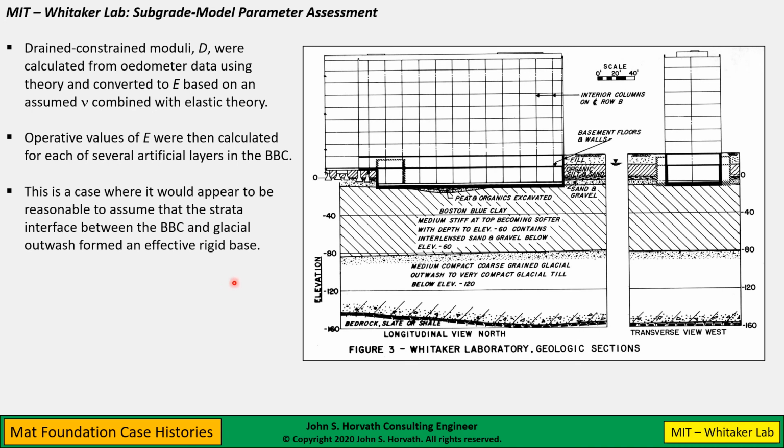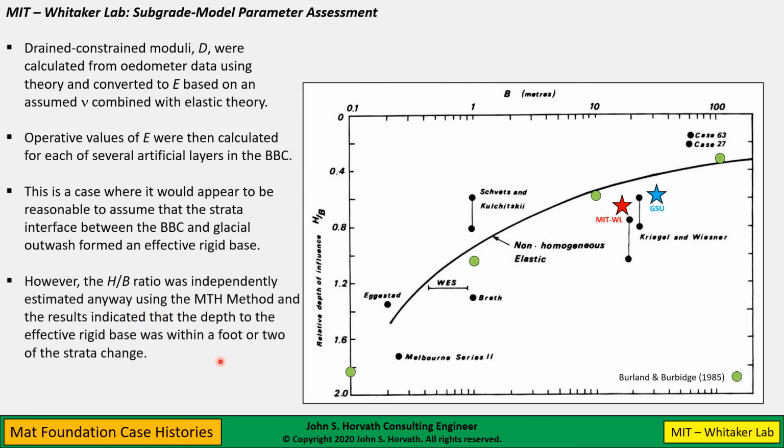And again, if you were just looking at the soil profile, you would interpret this interface between the Boston blue clay and the underlying relatively dense glacial outwash and till as being a rigid base. But I independently ran the MTH program to calculate the rigid base as well. And I found in this case, the rigid base was calculated to be within a foot or two of the strata change.